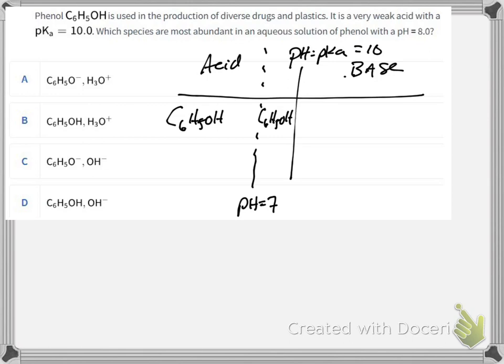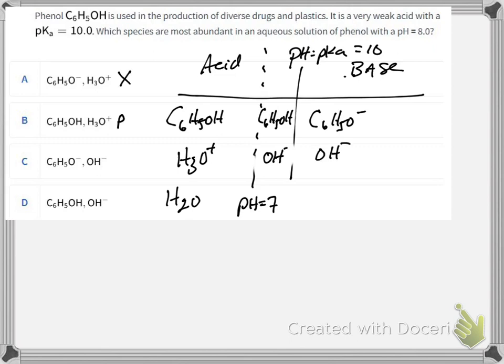Its base form is going to be highest in concentration and will have a negative charge. For the solvent water, H3O plus is the highest in concentration at any pH less than 7, and if pH is greater than 7, it's hydroxide ion.